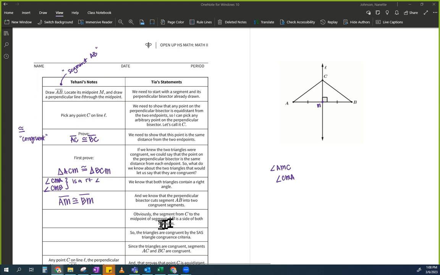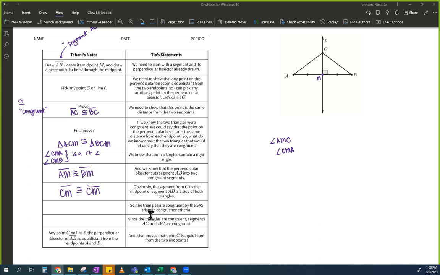From C to the midpoint. Very good. CM. They're talking about CM. This is going to be a weird statement. CM is congruent to CM. Ms. Johnson, do we have to say that? Yes. Yes, we do.